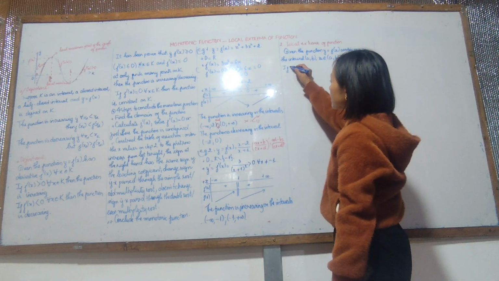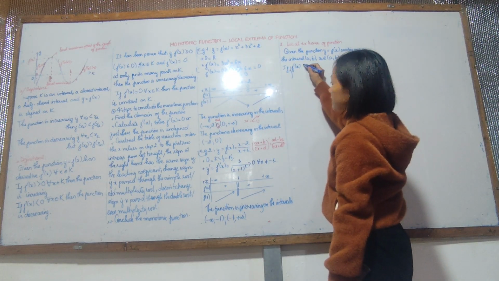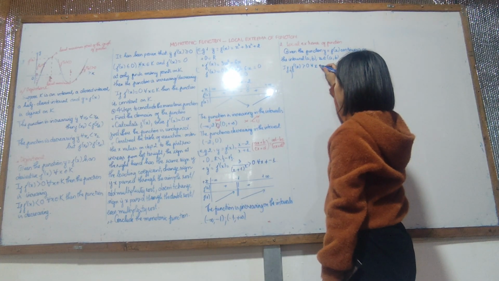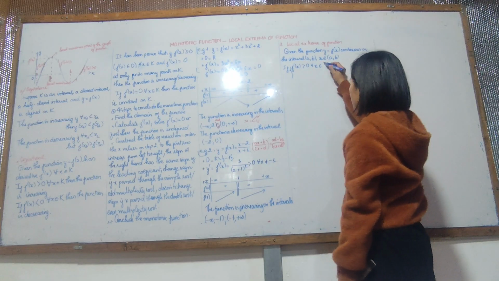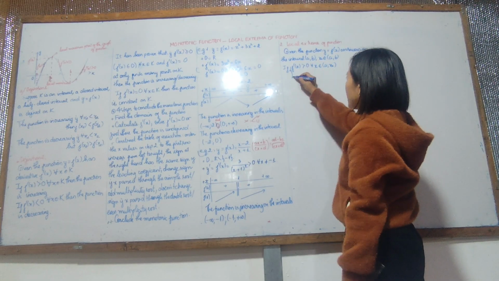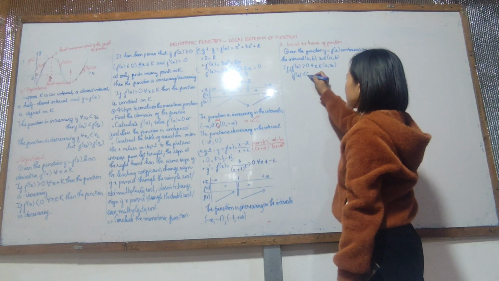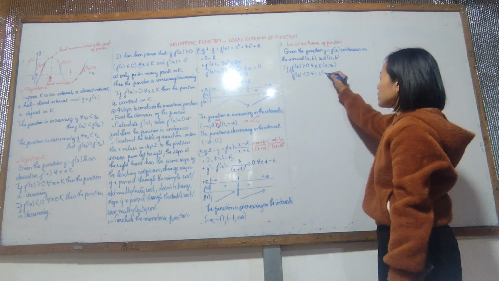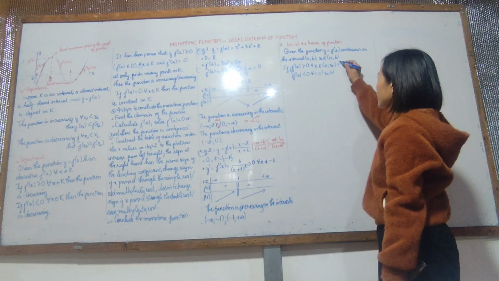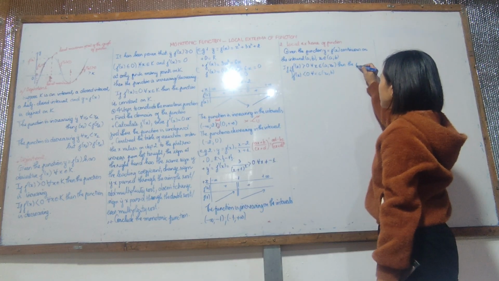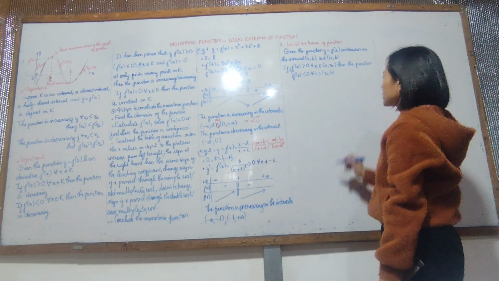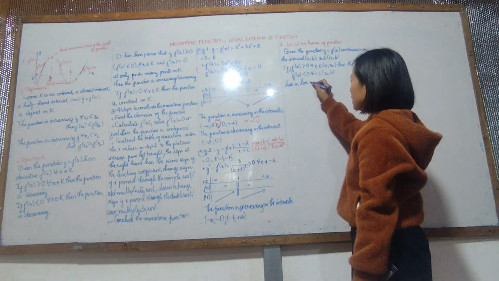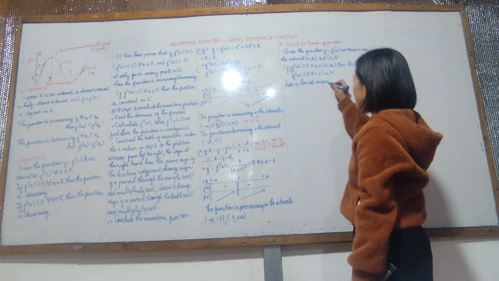If f prime of x is greater than 0 for all x belonging to (a, x0), and f prime of x is less than 0 for all x belonging to (x0, b), then the function has a local maximum.